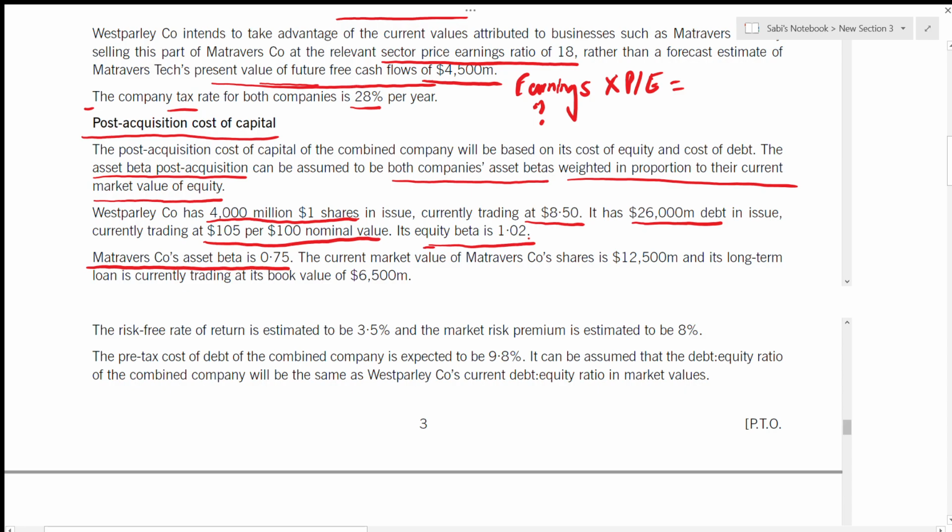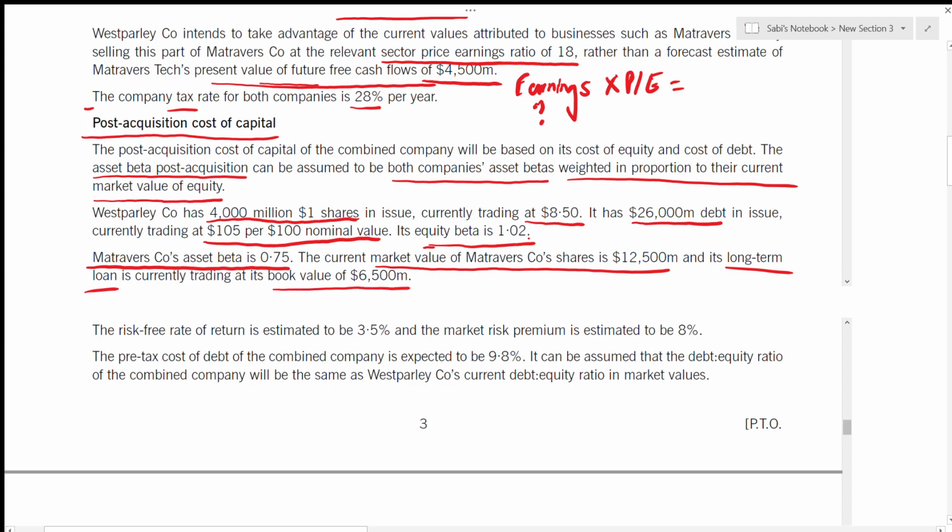The current market value of Matt Travis company shares is 12,500 million and its long-term loan is currently trading at its book value of 6,500 million. So current market value of shares is this and long-term loan is at this.